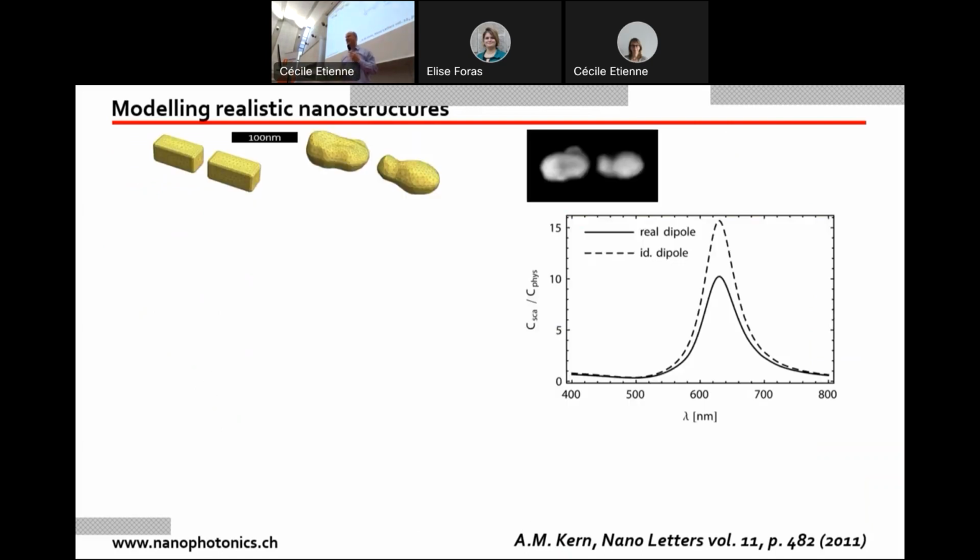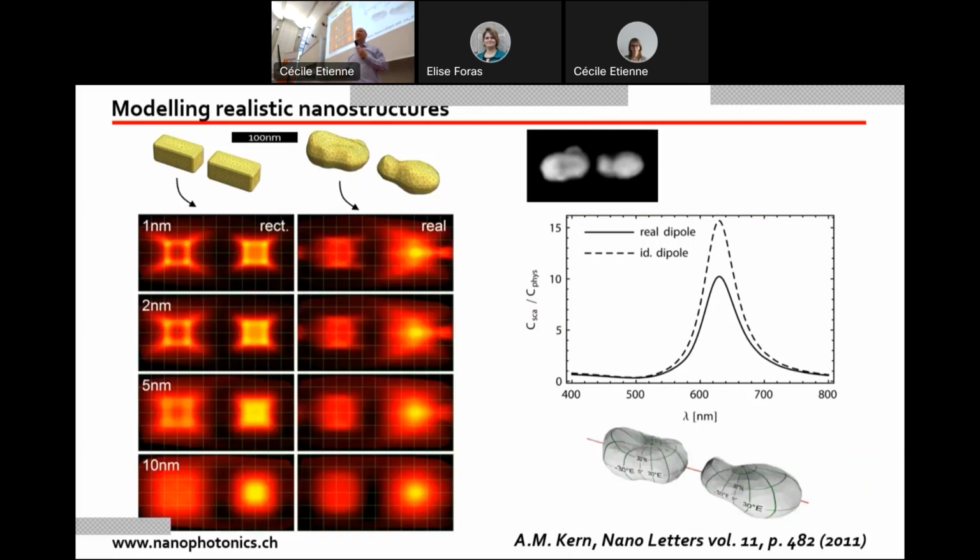If you look at this structure, we can also now compare the perfect structure on the left column and the real structure on the right column. What we've done here is look at the field intensity distribution around the particle. It's like in a geography map, where you unfold the surface of the Earth and make something flat.